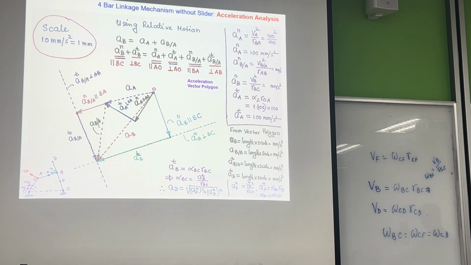In this case, our link is slowing down. It is changing omega 2, but it is slowing down. In that case, we need to show it perpendicular to our OA, but directed towards the right. Clear? But in this case, it will be directed in that direction because it will follow the direction of alpha 2.